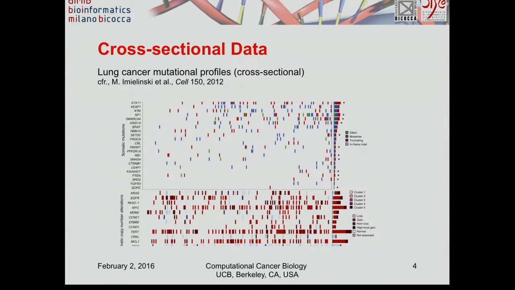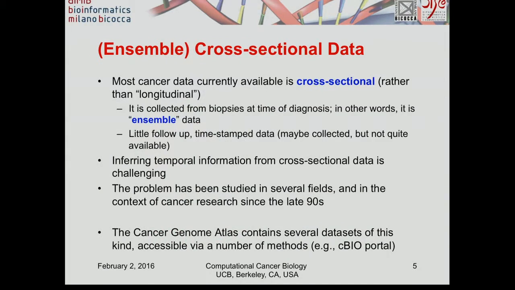So there is very little timing information associated to this kind of data, and our problem is to superimpose a temporal structure on this data, to extract a temporal structure from this data. It turns out that there are two ways of looking at this problem. One way is what we call ensemble cross-sectional data, which is what can be done on data sets coming, for example, from TCGA.